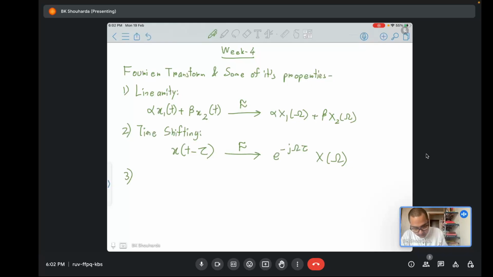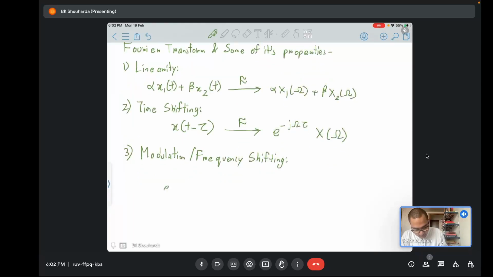Then we had something called the modulation or frequency shifting. So the rudimentary version was that if we multiply the signal with a complex exponential at a fixed frequency omega naught, then its corresponding Fourier transform has the spectrum X of omega shifted to omega naught.